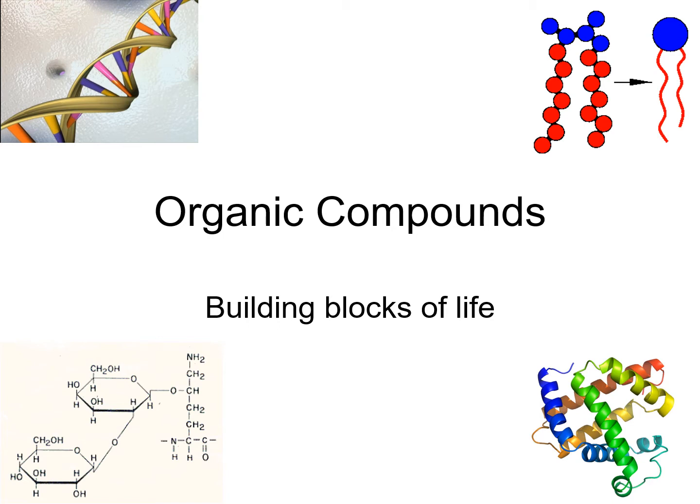So structure determines function. So we need to look at the different types of chemicals that go into play. And so what I've done is I've broken them up into 3 different videos. And so this video is going to look at what an organic compound is, how we make them, how we destroy them, and then we're going to focus on carbohydrates.